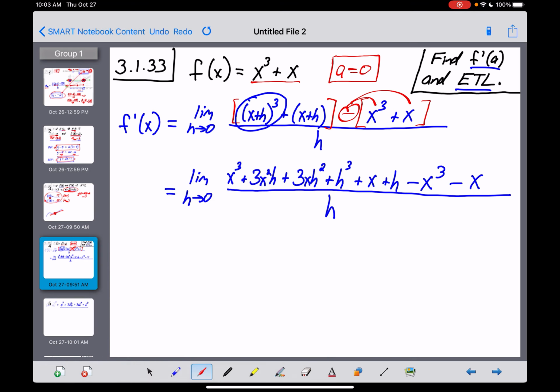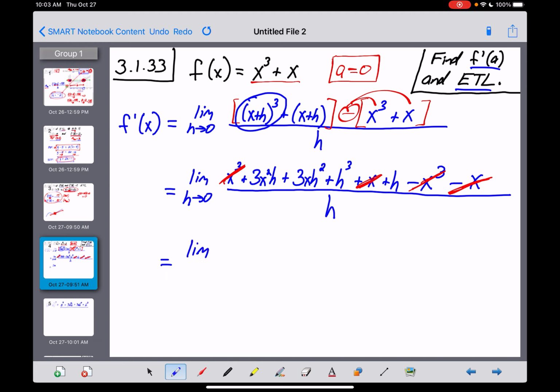And I often find it's easier to do that from the end. I've got a negative x here at the end, which sure enough cancels with a positive x right there. I've got a negative x cubed, which cancels with a positive x cubed. And I think that's it, guys. Nothing else seems to cancel. And, importantly, every term that remains still has an h in it.